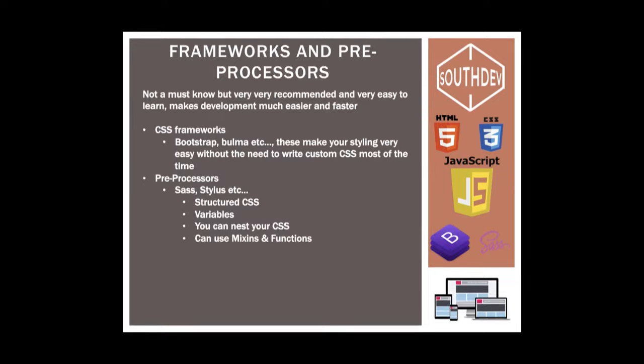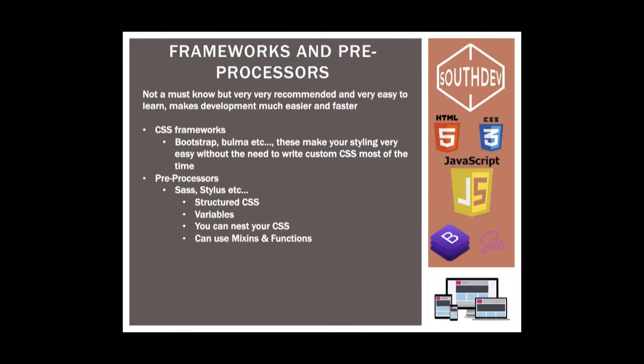So you can basically build a generic looking page which looks nice with no CSS, with just Bootstrap alone. Then there's preprocessor scripting languages, which is like your CSS but cleaner looking, because you can nest your styling and declare variables much easier.